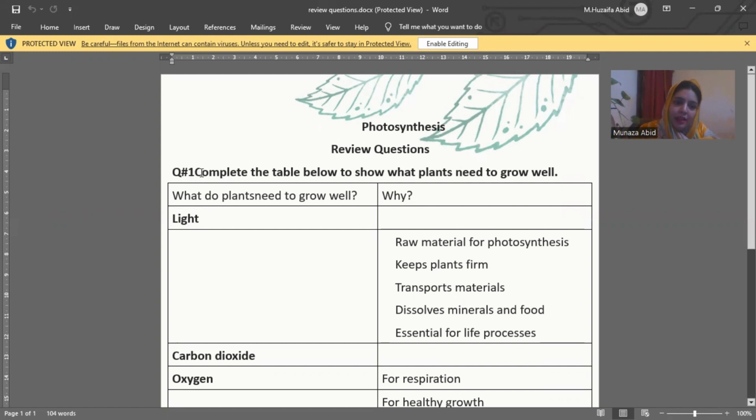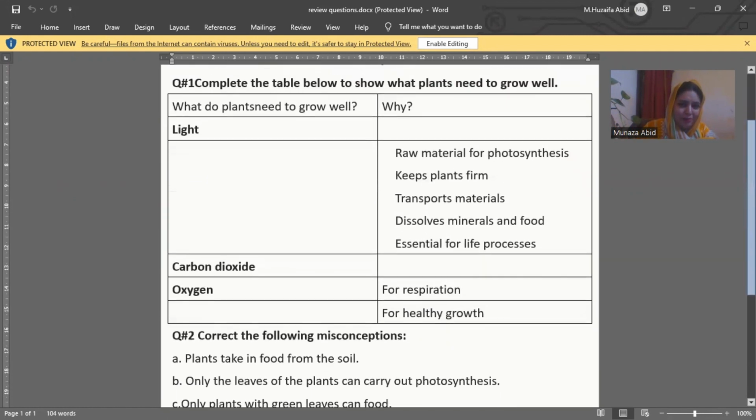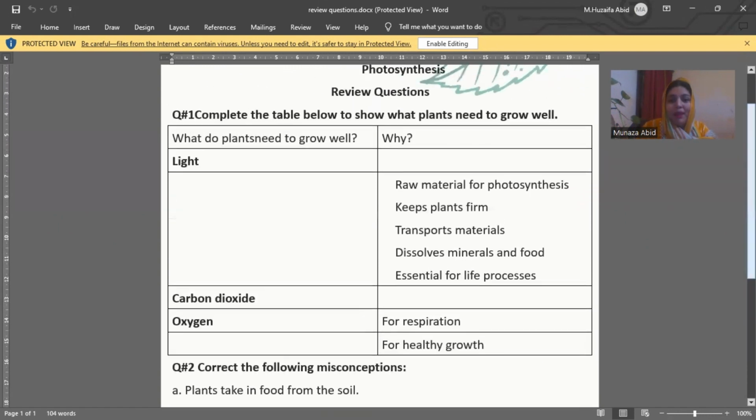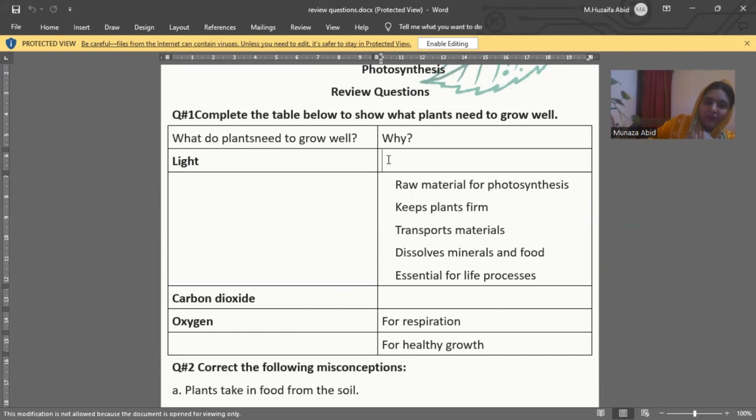Number 1 is: complete the table below to show what a plant needs to grow well. I know you all know. There are many factors that are needed by a plant to grow well. The topmost is light. What does light do?